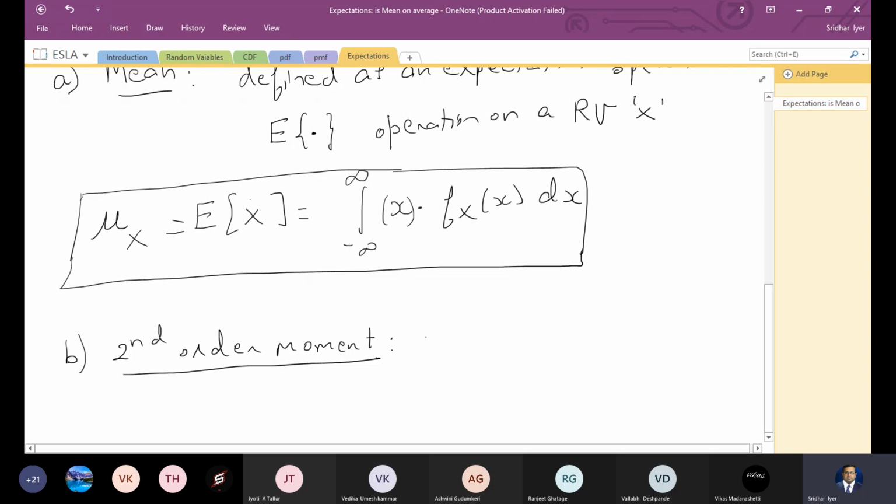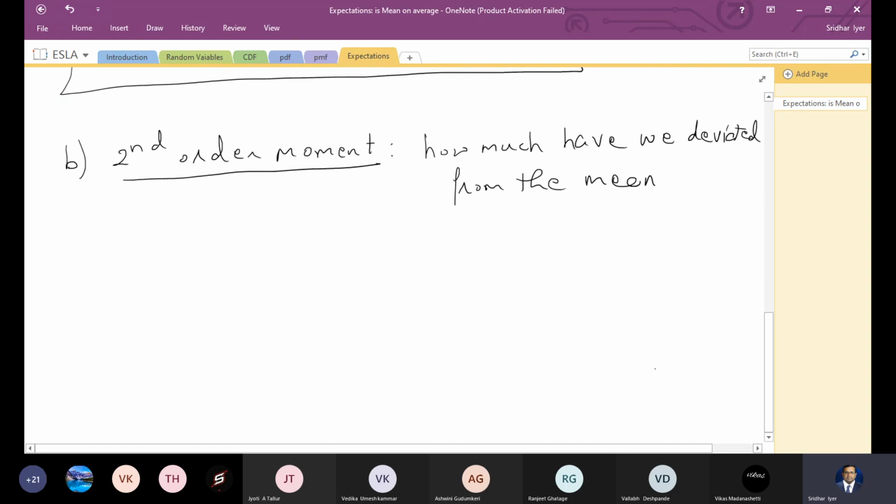the definition: how much have we deviated from the mean. Because the mean is the first order moment, how much you deviate from the mean is the second order moment. So let me explain this with the help of another example.